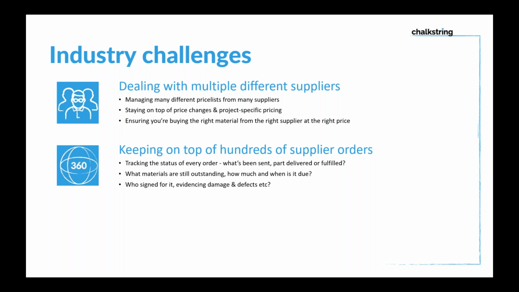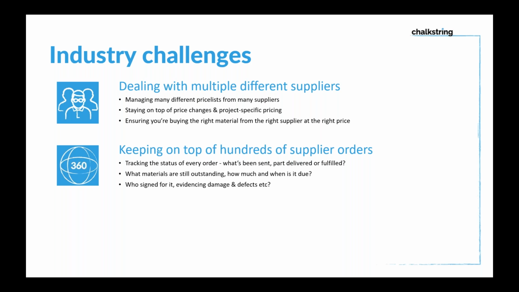And then, of course, there's the sheer volume of orders that you're juggling. Depending on your contract size and your business turnover, potentially hundreds, if not more, of supplier orders. So how do you track them all in real time? What status they are. What's been sent to the supplier. What's been delivered or partially delivered. What's been invoiced. All that level of detail.